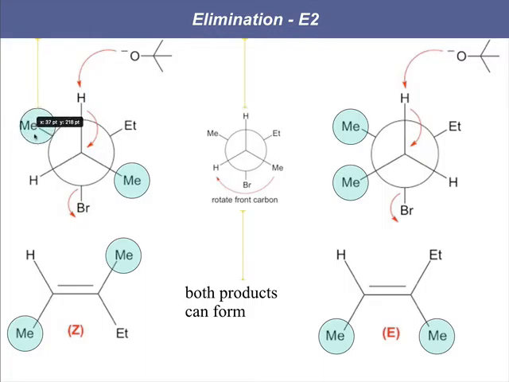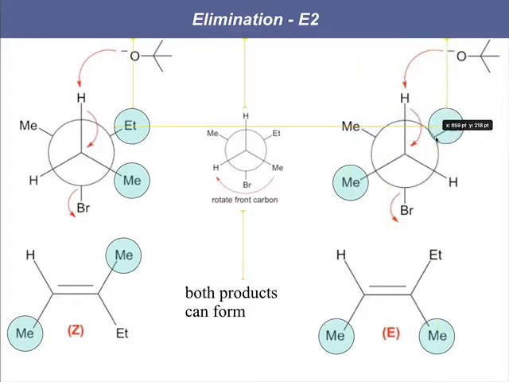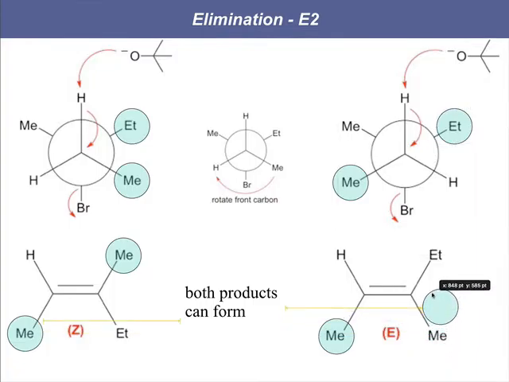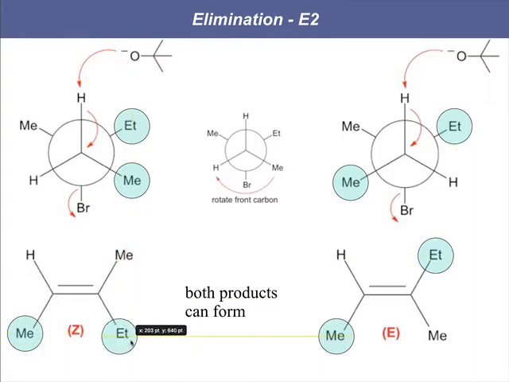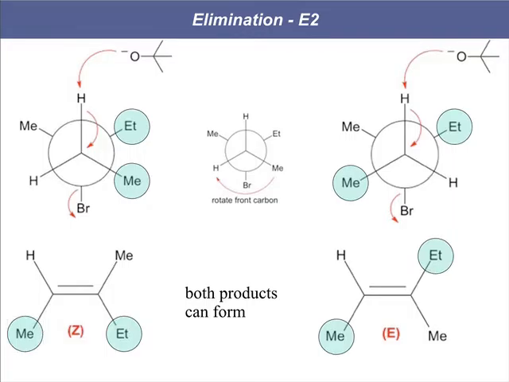If I take this and do that, and take this and do that, and take this and do that, and take this and do that, now I'm highlighting which groups give us the Z, and I'm highlighting which groups give us the E designation. We'll do a couple more examples involving this strategy later.